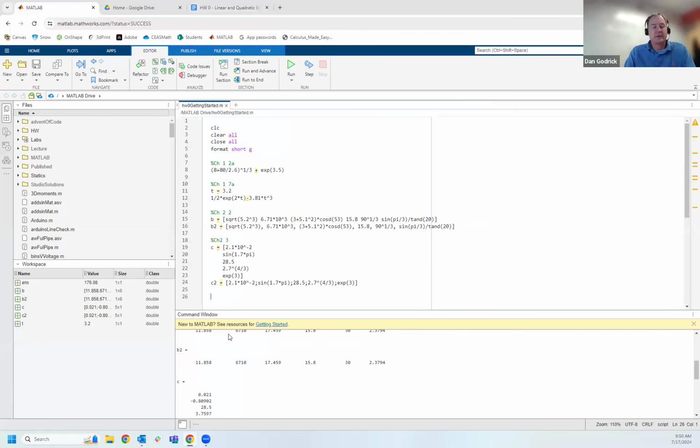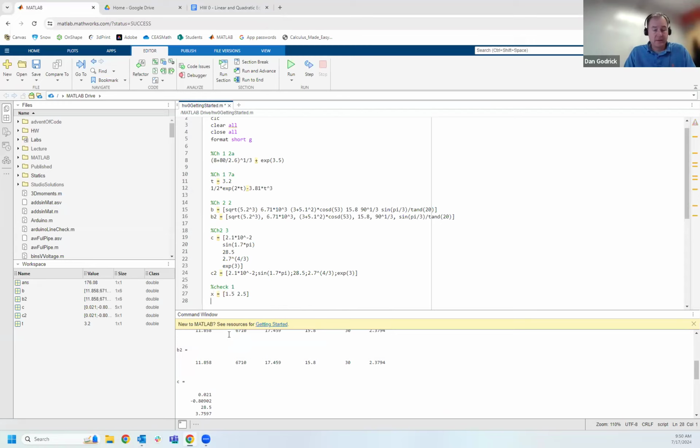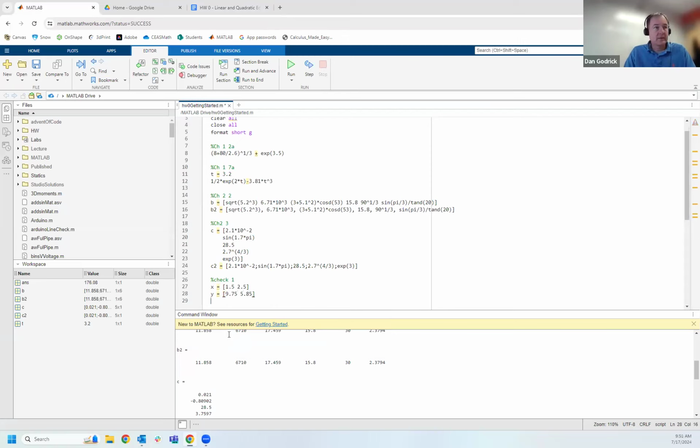Let's see how this works. I'll just say check one. x is this vector, 1.5 and 2.5. Then y is 9.75 and 5.85.